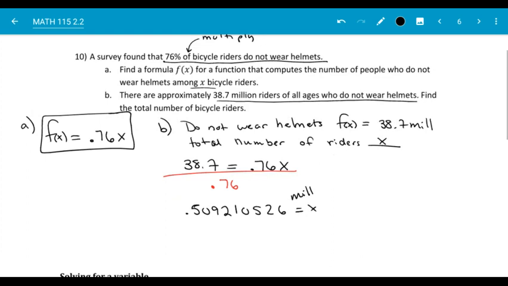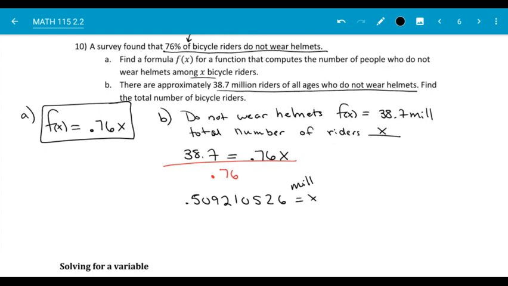That means multiply by a million, so we've got to move that decimal 6 places, which would put us at 509,210.5, depending on how they ask you to round that. So 509,210 or 211. Again, just be careful you're reading how they want you to answer that when we go through and put our answer in MyMathLab.